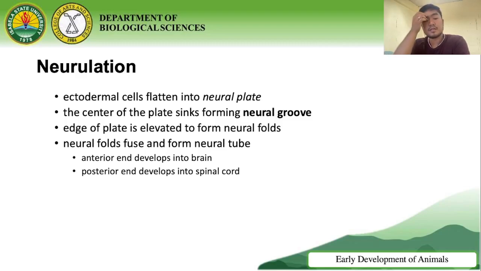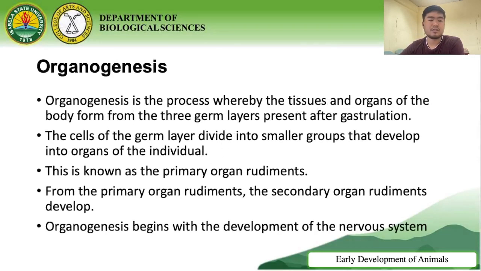So after the neurulation, okay, or the formation of the rudiments of the central nervous system, we will have the organogenesis, or the formation of tissues and organs from the 3 germ layers nung nasa gastrulation. Okay, so the cells of the germ layer divide into smaller groups that develop into organs of the individuals.